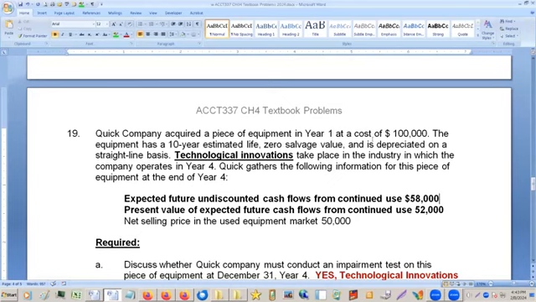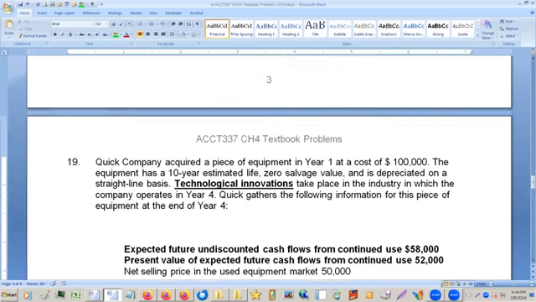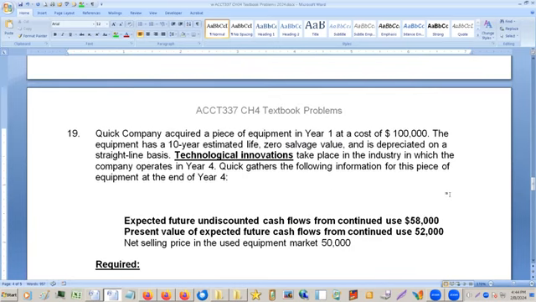Now, it gets a little bit wacky in whether it is impaired or not. Okay, let's see where we're at with this. So this is year 1. It costs 100,000. 10-year life, 0 salvage value, straight line. Okay, we're in year 4. So let's see what this thing is on our books for.